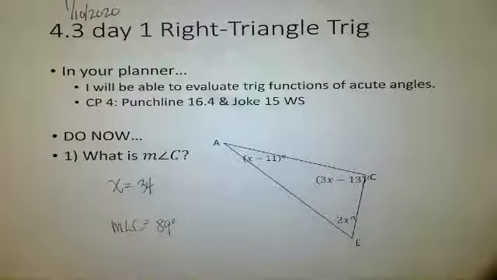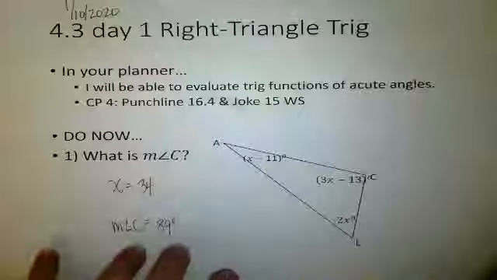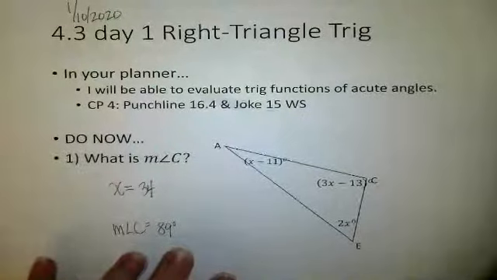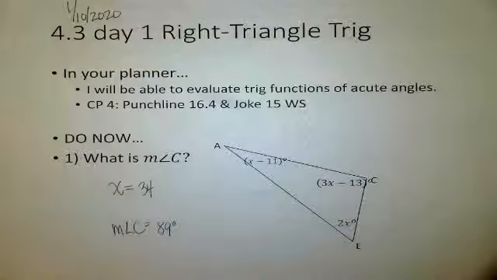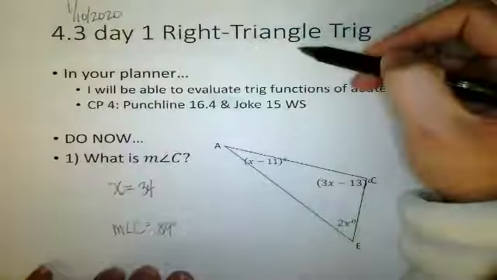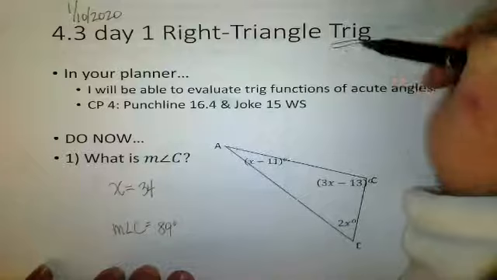So it's really important to me that you understand why things are the way they are. You guys already have some background in trigonometry, but it was probably memorize it and then do it, not where does it come from and why.